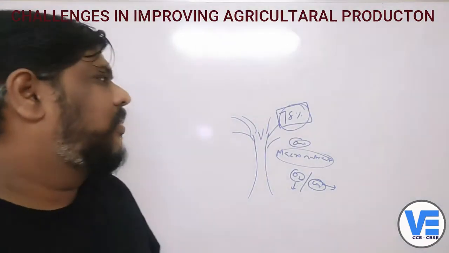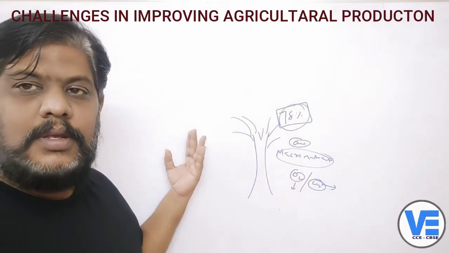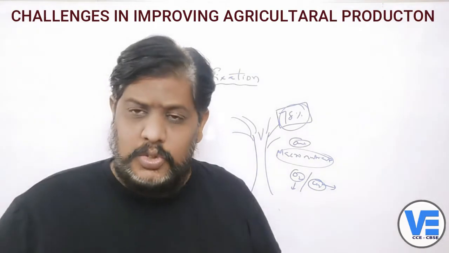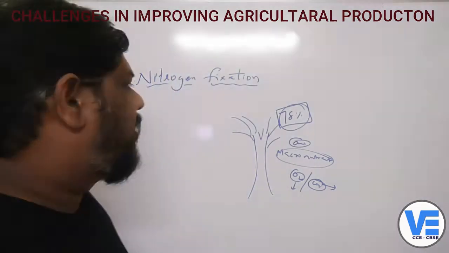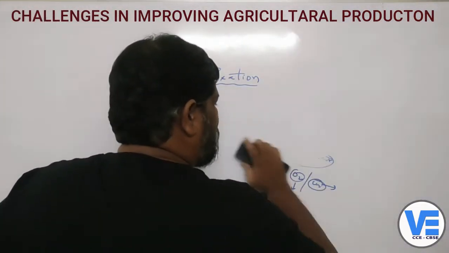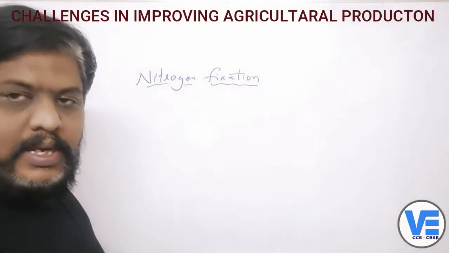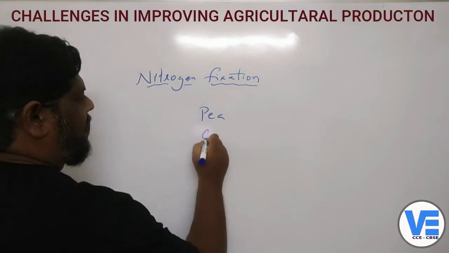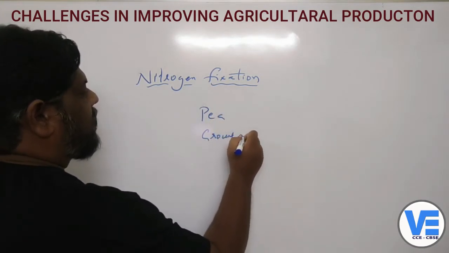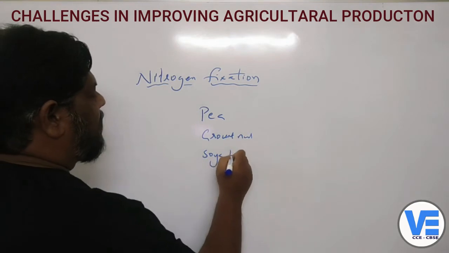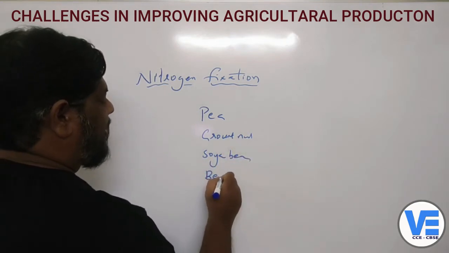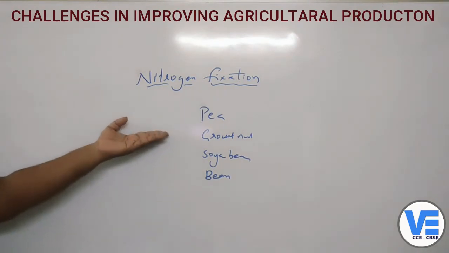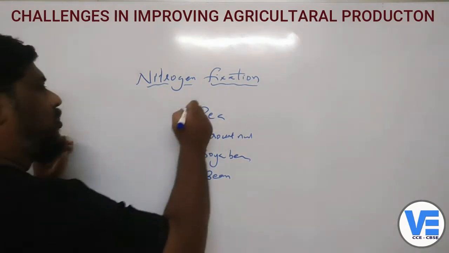So now we'll come to nitrogen fixation. We know the leguminous plants, right? That means the plants which belong to the family Leguminosae. You can take pea plants, peanuts, that is groundnuts, soya beans, all plants which belong to the bean family, and even tamarind also.